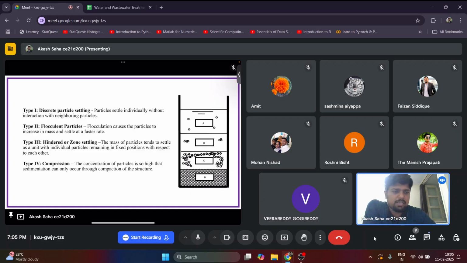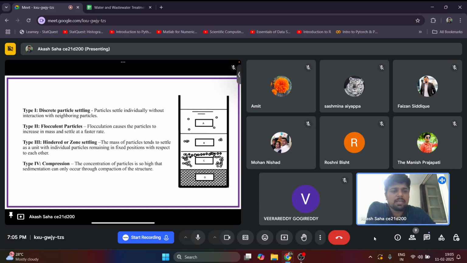This is the main criterion. For example, in grit chambers this discrete particle settling will happen. And as we have also seen about Stokes law, it is mostly applicable only to this type of settling. So always remember the particle will settle individually and there will be no interaction between them. One particle will not influence the settling of another particle. These are the two main points.